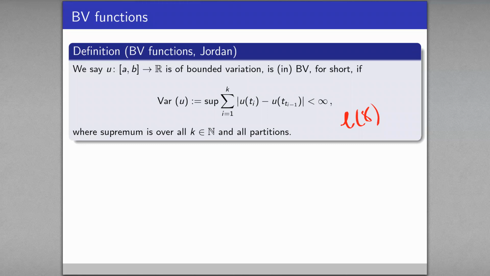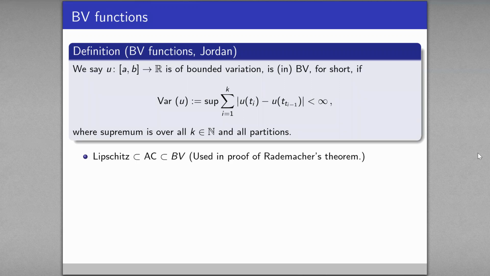If you look at u as a curve, although an uninteresting one that goes into R^1, it's really not curvy, but technically it's a curve. So this is exactly the same definition. So bounded variation means bounded length. Lipschitz functions, as we mentioned, are absolutely continuous, but absolutely continuous functions themselves are a subclass of bounded variation functions.